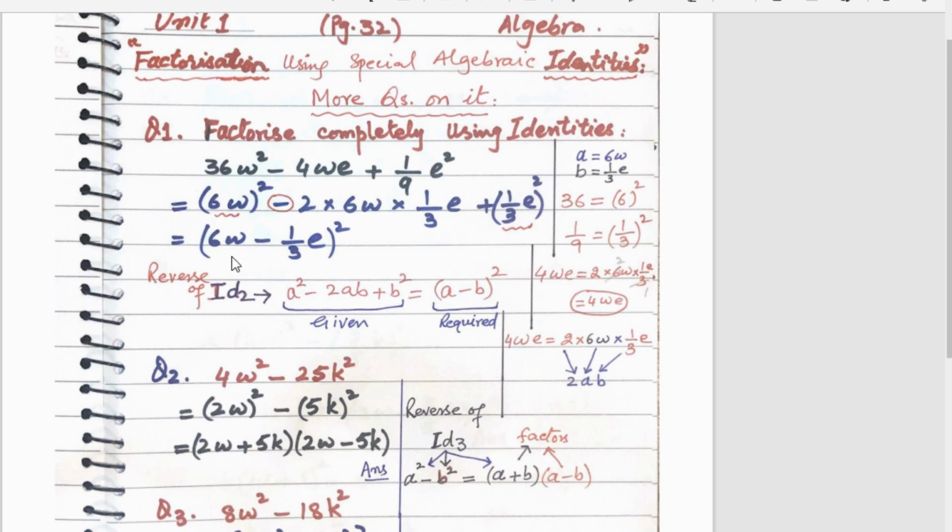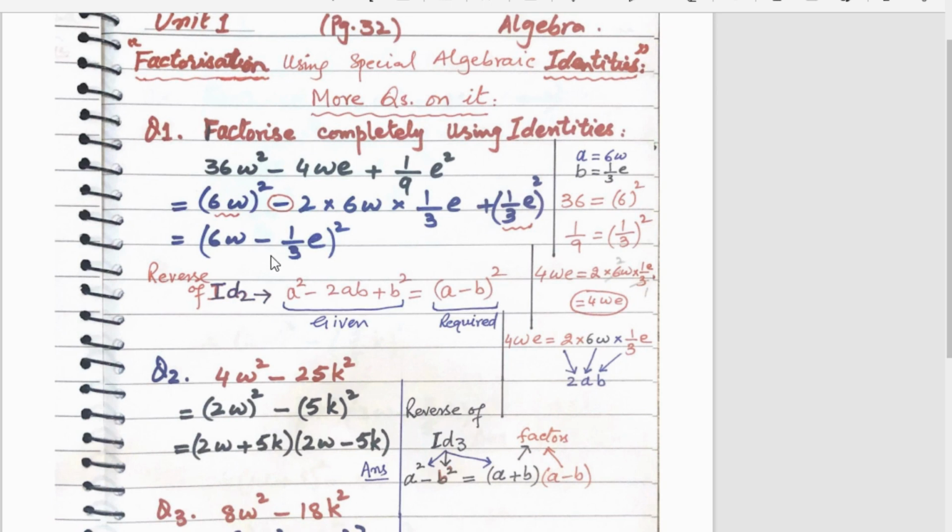We have written two factors, which are 6w minus 1 by 3e, in collective form. It means we have factorized this given expression with the help of ID 2. Remember, with the help of ID 2, we wrote the given expression in the form of factors, which is the last step of the question.